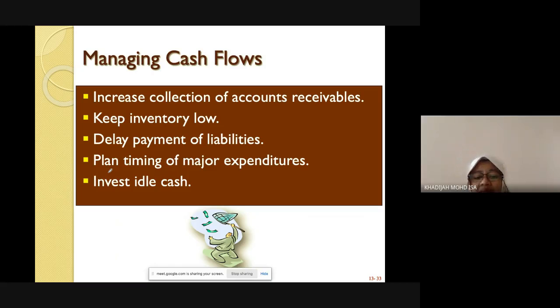Because sometimes you have a certain amount of money that you're going to use in a few months' time. So during that period, you may want to invest and make sure that when you have to pay, you are able to retrieve your investment, meaning you can sell back your investment to get your cash.